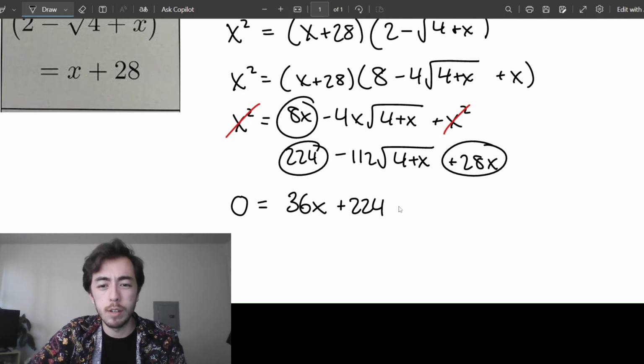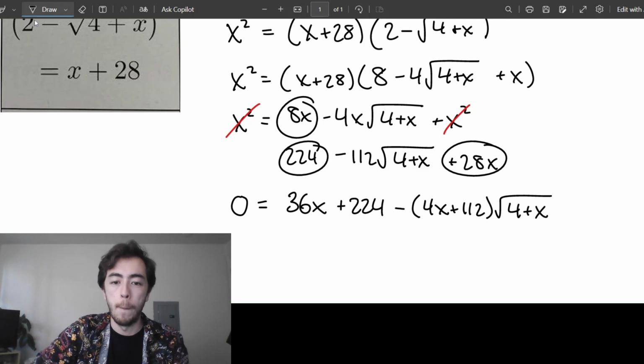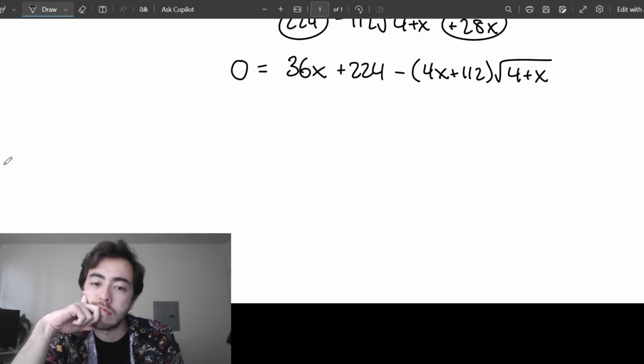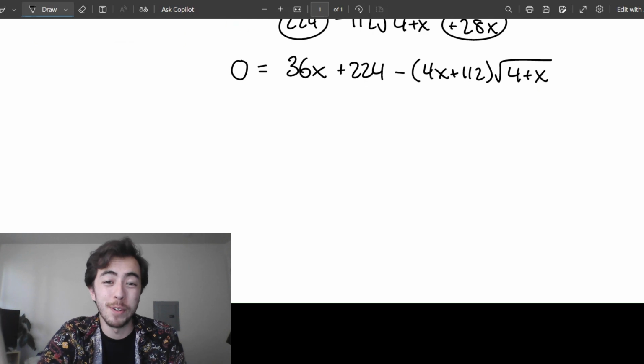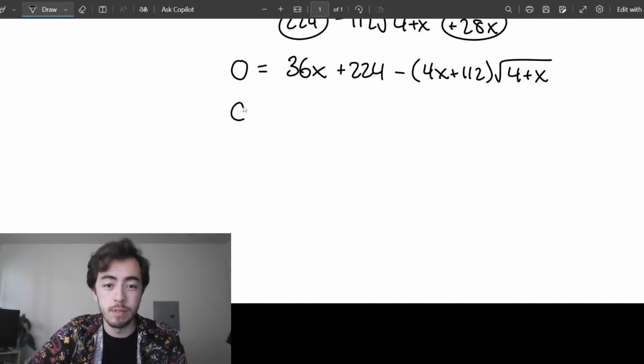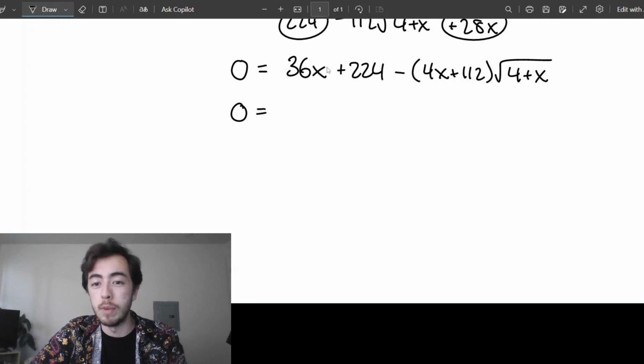Because I could do minus and then 4x plus 112 and then times root 4 plus x. Okay. This seems like a little bit more doable. Now that it's equal to 0, all of these are even numbers, and I think they're all going to be multiples of 4. So let me divide everything by 4. So I'm going to divide the left side by 4, which is still 0. I'm going to divide all my terms on the right side by 4, so we get 9x.